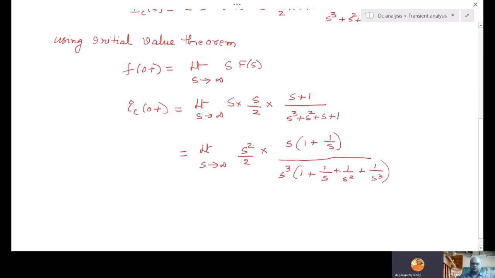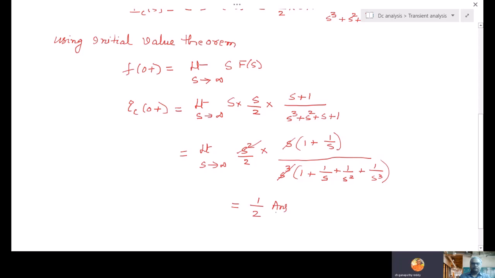So here s square and s cube, this cancels, and as s tends to infinite, this is 0, this is 0, all zeros. So you get the answer of 1/2.